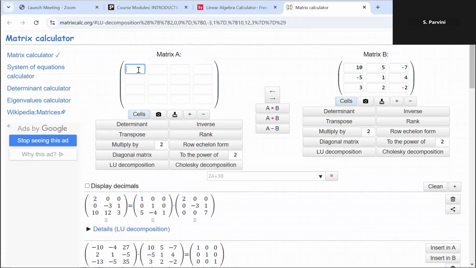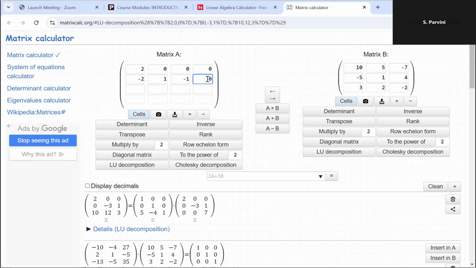So what will be the first row here? 2, 0, 0, 0. Remember, these are the coefficients, the matrix of coefficients. Because the first equation is 2x1 equals 4. The second equation is negative 2, 1, negative 1, and then 0.